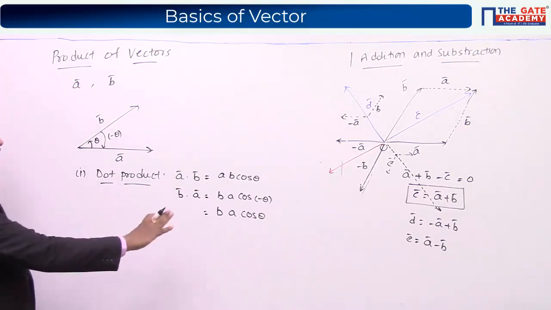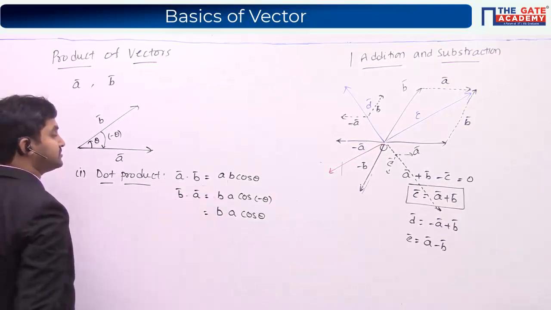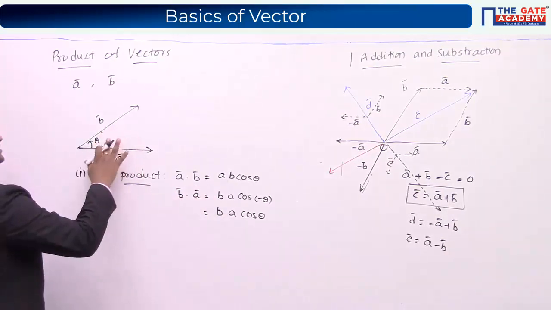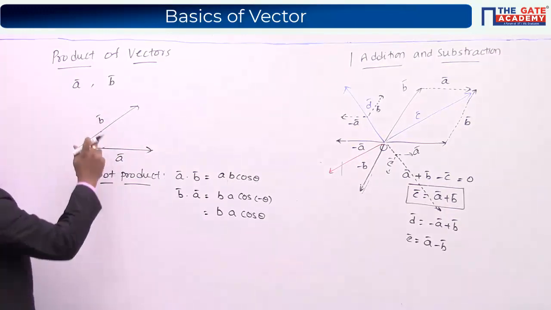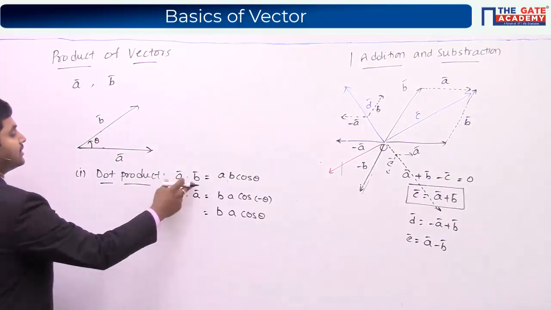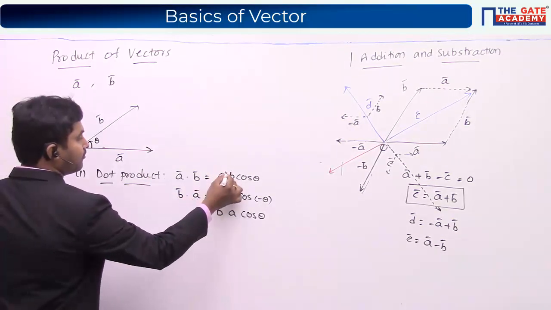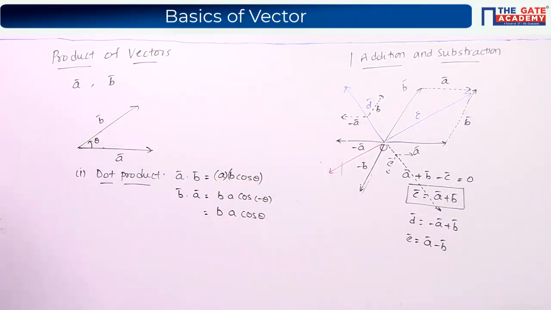Now what is the meaning of this product? If I am talking about a dot product, what is the meaning of this? Please tell me, if you have two vectors A bar and B bar, A bar dot B bar is given by what? It is nothing but A multiplied by B cos theta. What is B cos theta?